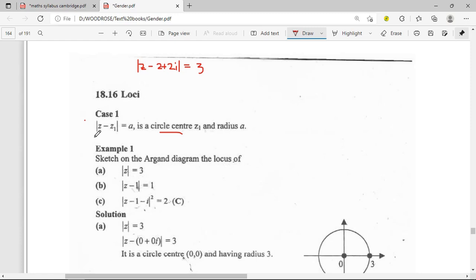So here you need to take note of this. Here is always negative. And we have this complex number, which we are going to say is the center. So this z1 must be in brackets so that we identify the center. So we can rewrite this one to what?